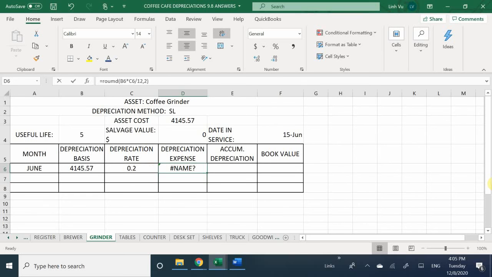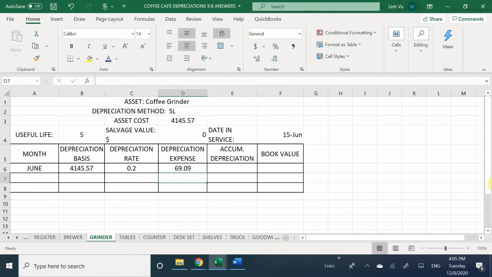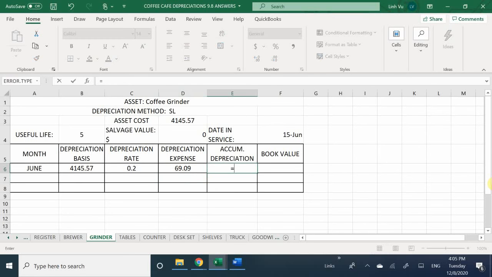Oh, whoa, I got an invalid number. Let's do this again. Equal round. There you go, 69.09. That makes the accumulated depreciation.